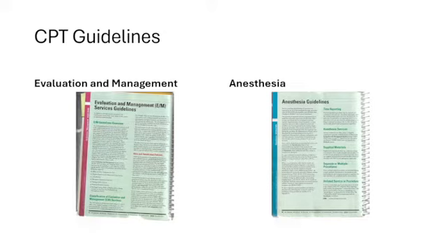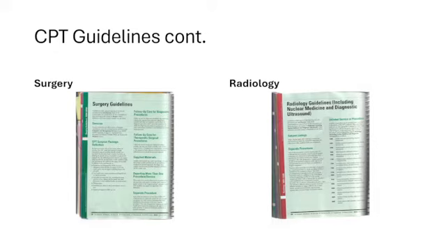There are CPT guidelines at the beginning of evaluation and management, there's a green page that says evaluation and management service guidelines. It even says anesthesia guidelines, the green pages in front of each of these sections. There are green pages in front of surgery that say surgery guidelines, as well as radiology guidelines.